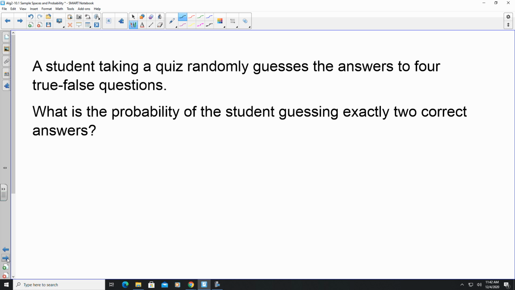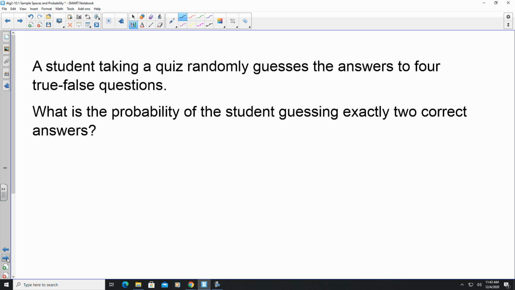In this example here, it says a student taking a quiz randomly guesses the answers to 4 true or false questions. What is the probability of the student guessing exactly 2 correct answers?